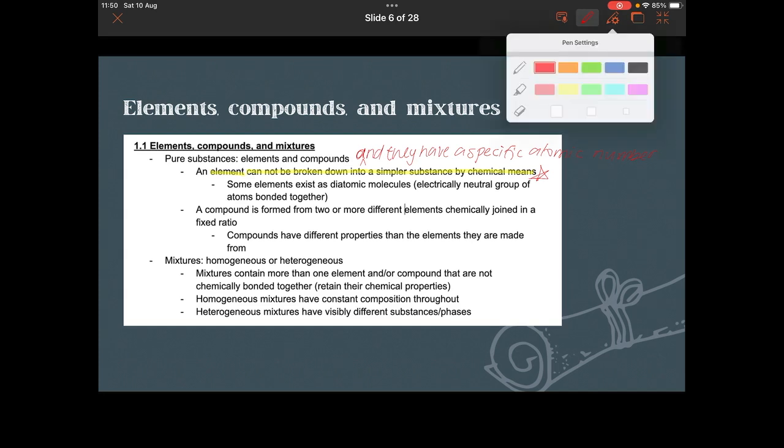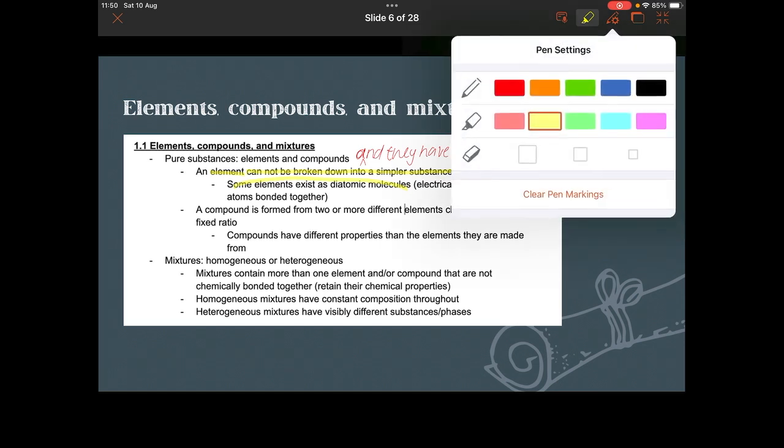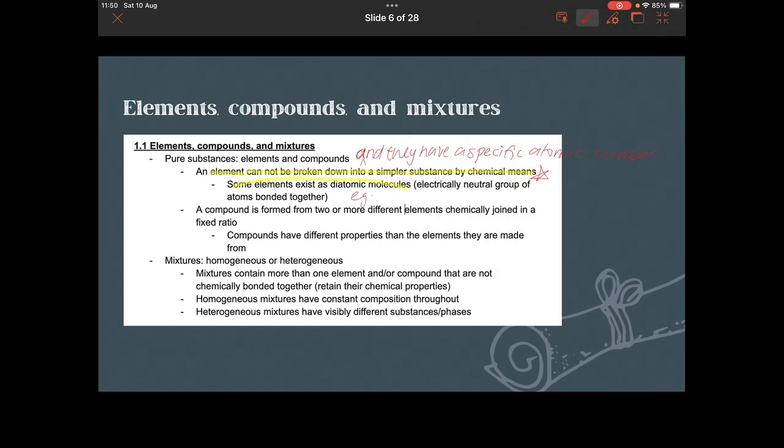Some elements exist as diatomic molecules. So an example of this is the halogens. So group 17 elements, also known as group 7 elements. So this includes F2, fluorine, Cl2, chlorine, I2, iodine, so on and so forth. They all exist as diatomic molecules. So basically it means that they are two atoms that are bonded together.